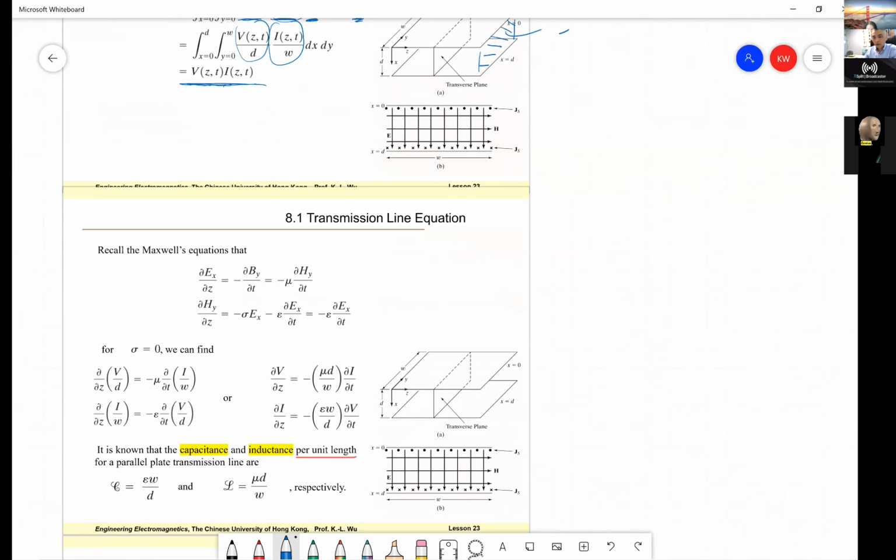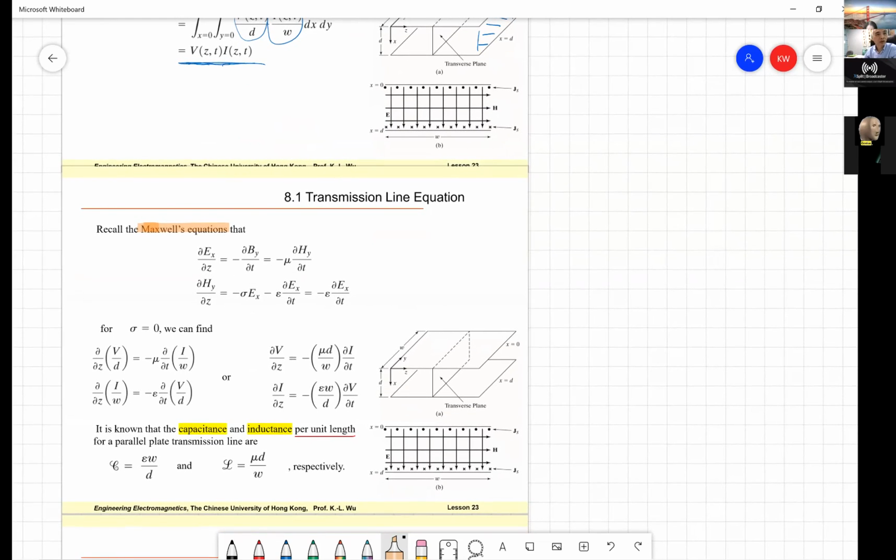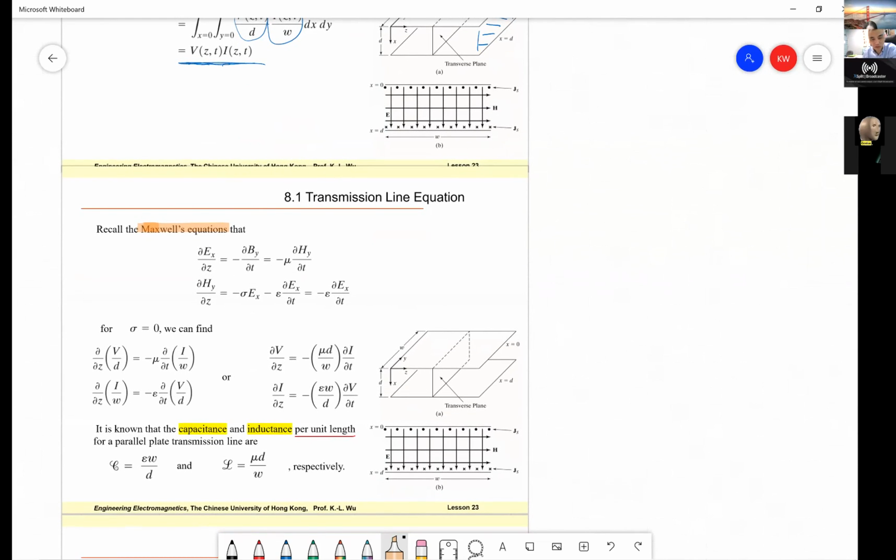Now, let's recall the Maxwell equations. Everything we deal with is governed by Maxwell equations. Because it's governed by Maxwell equations, also we know we only have the E_x component and the H_y component.